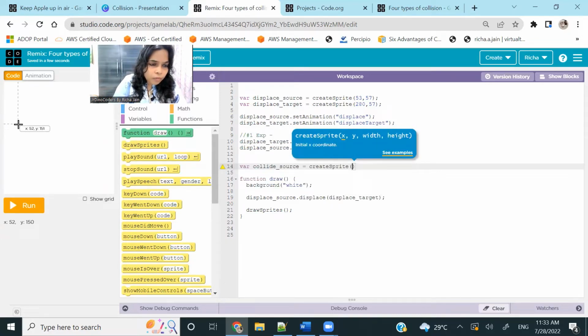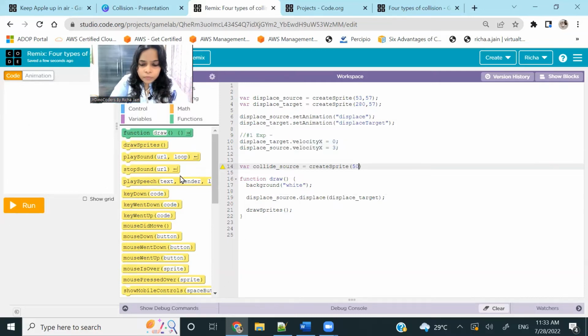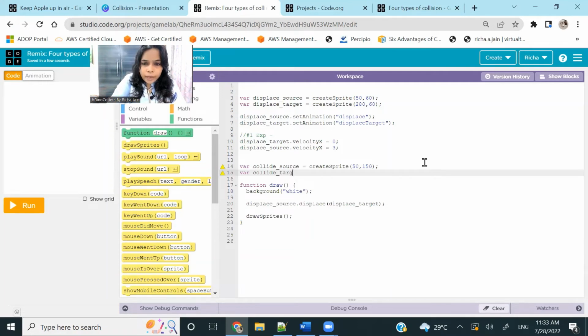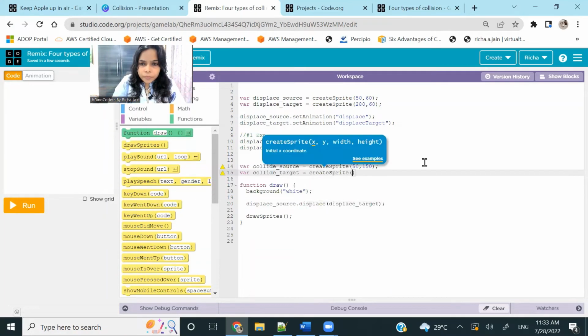The position could be somewhere, I will say 50, 150, and the collide target could be 280, 150.